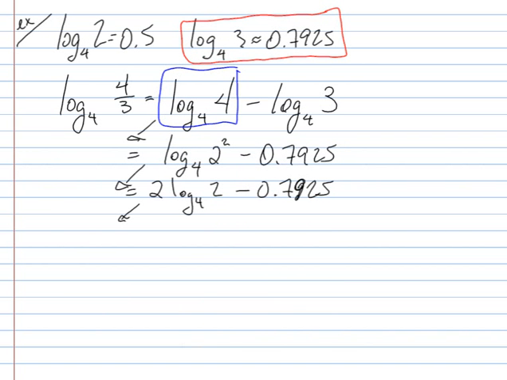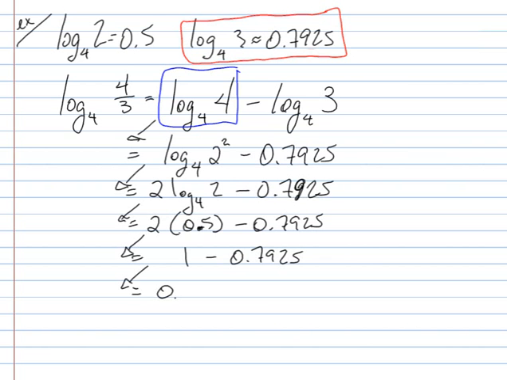Then I would have 2 times 0.5 minus 0.7925, which still comes out to be 1 minus 0.7925. And whenever you go through and do your subtraction, you get 0.2075. And that's the equivalent of log base 4 of 4/3.